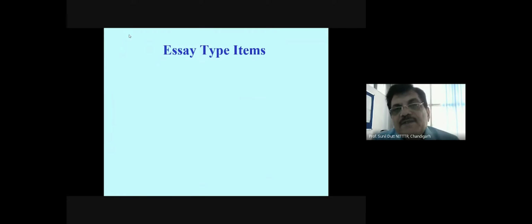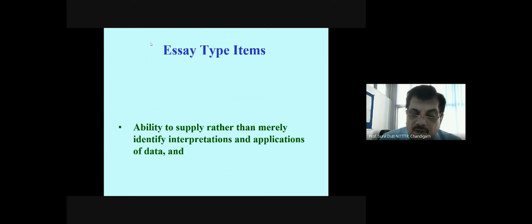Essay type items are especially useful for measuring those aspects of complex achievements that cannot be measured by more objective means.